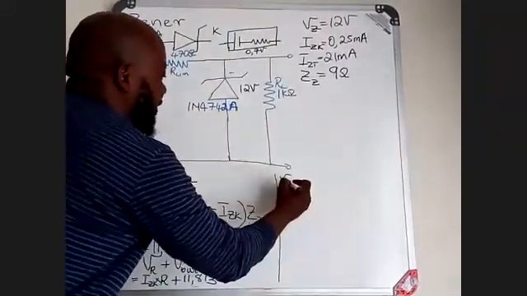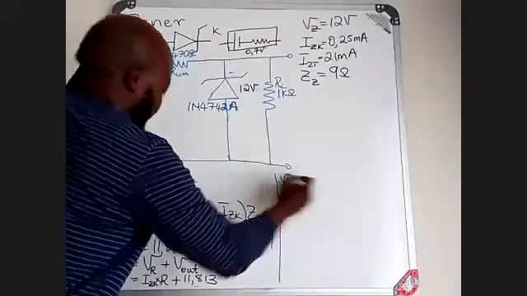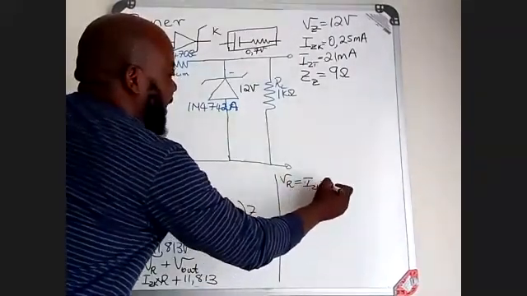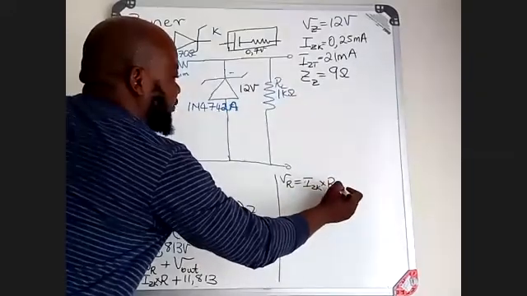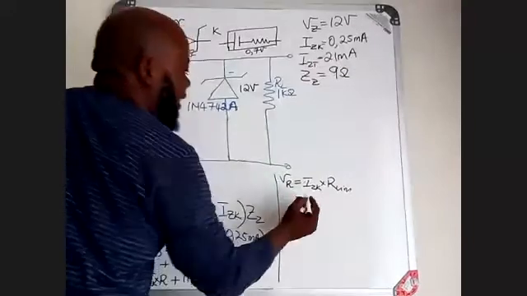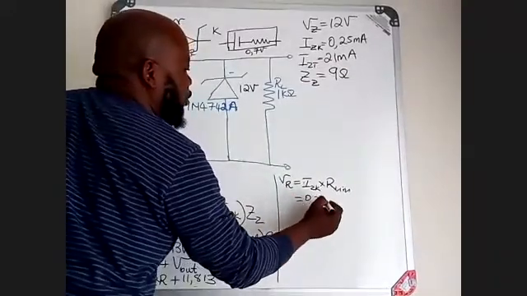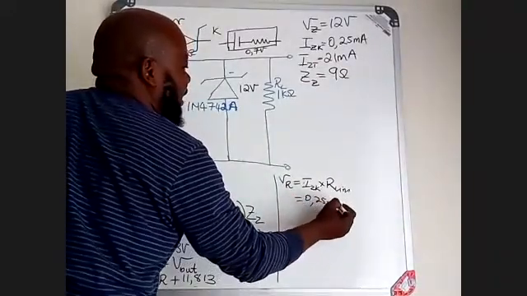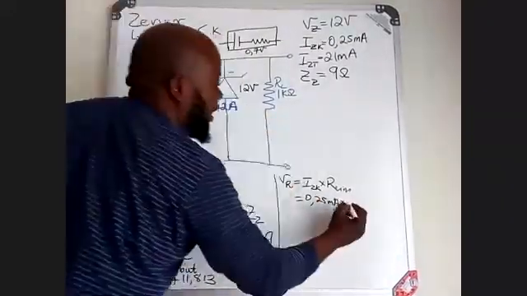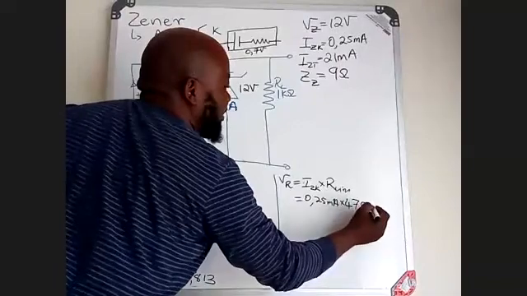Your VR is your IZK multiplied by the limiter resistor. What is your IZK? Your IZK is 0.25 milliamps multiplied by what is the resistance there? 470 ohm.